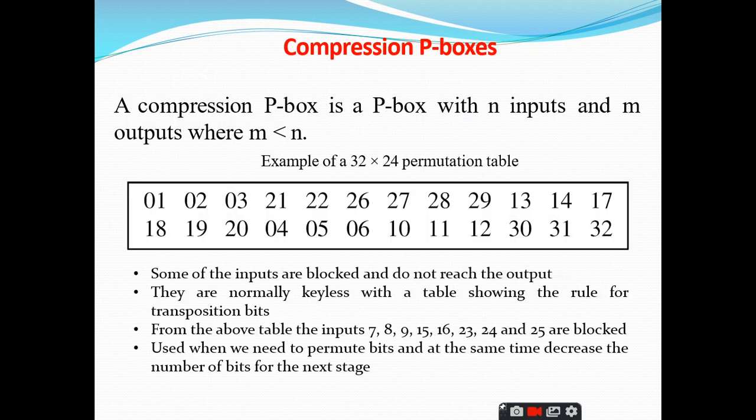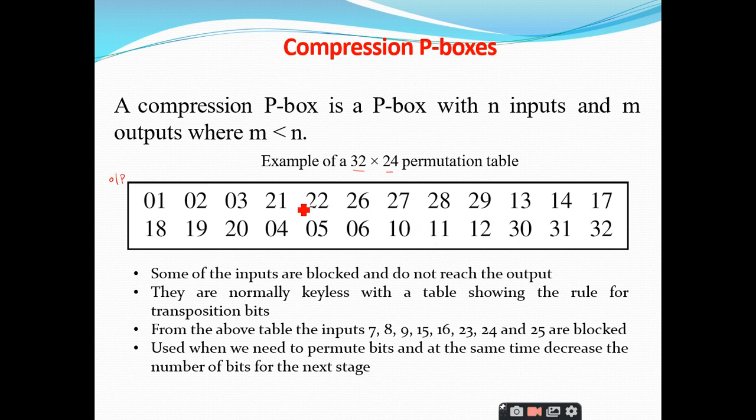Right. Now coming to the compression P boxes, we have seen that in a compression P box the number of outputs is less than the number of inputs. So we have a 32 by 24 permutation table. As I said, this is an output table, so it consists of 24 entries.